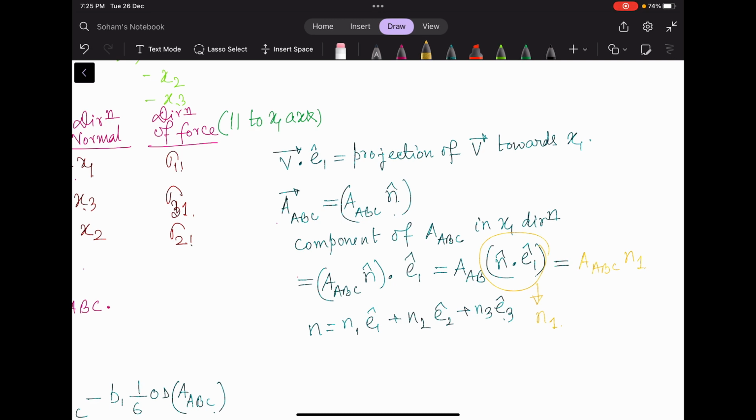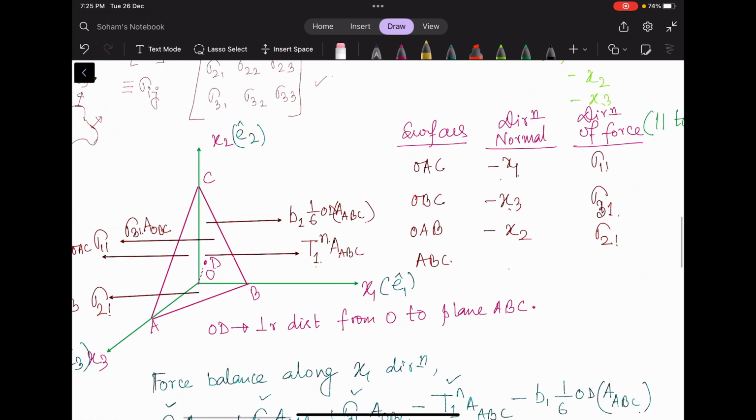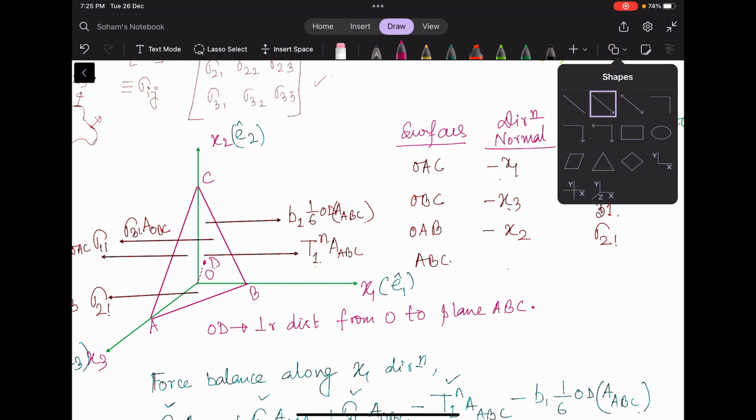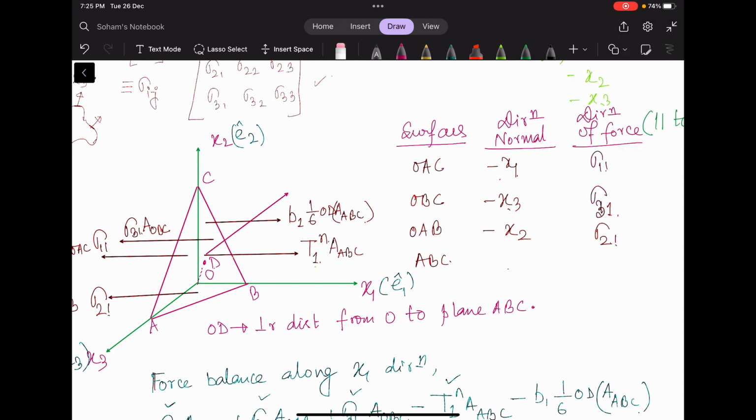Now what do you mean by projecting an area? Mathematically, if I have the unit normal of ABC in this direction, and I project this unit normal towards the x1 direction, then the projection will be in the direction of x1. So which area has its normal along or parallel to x1? That is area of OAC.